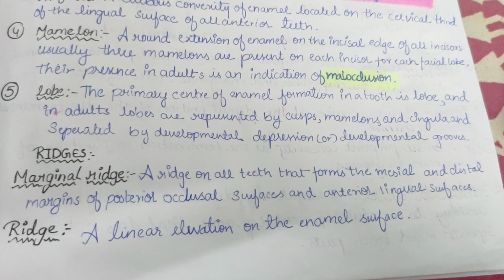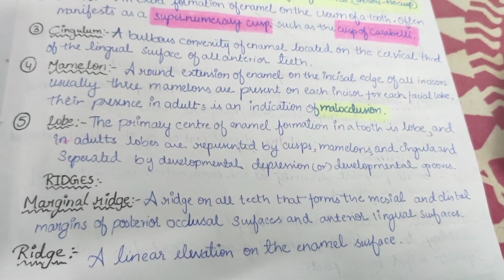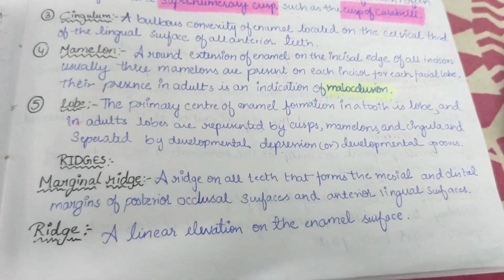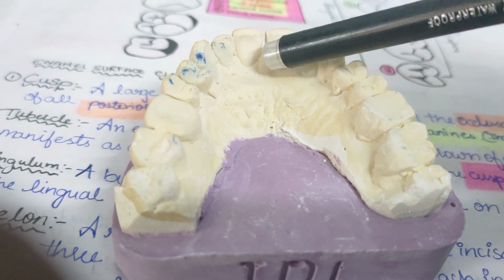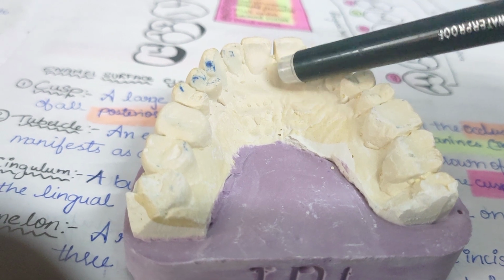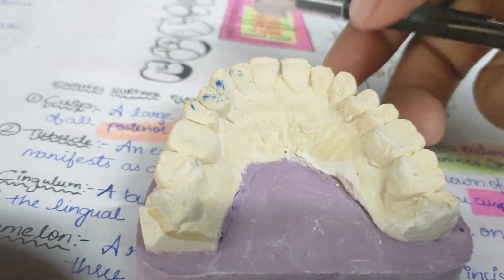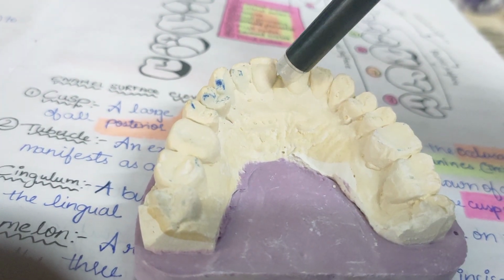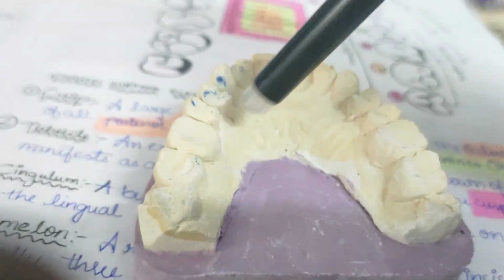The first type of ridge is the marginal ridge, a ridge on all teeth that forms the mesial and distal margins of posterior occlusal surfaces and anterior lingual surfaces. Here you can see the marginal ridge. So here we have the cingulum, the curved or convex edge, and lining to the cingulum, this ridge is known as the marginal ridge, and it is present in every tooth.